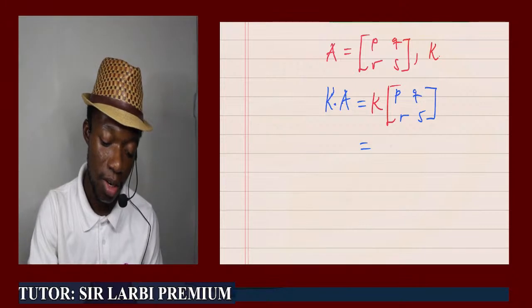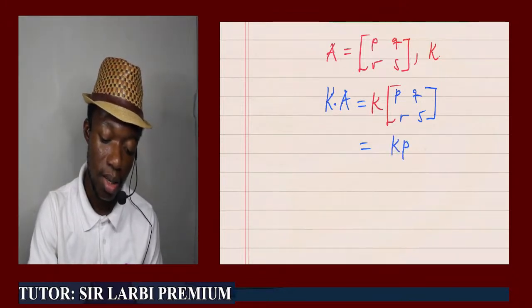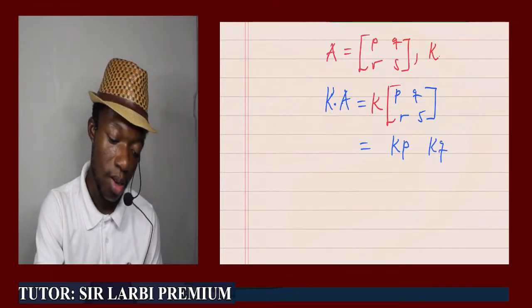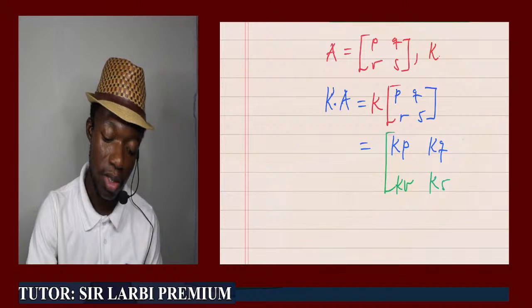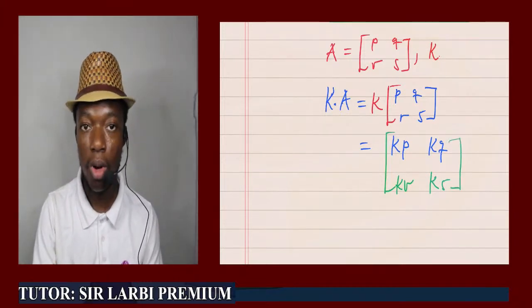So we will have KP, then KQ, then KR, and KX. That will give us the scalar multiplication of matrix A. This is how it works.